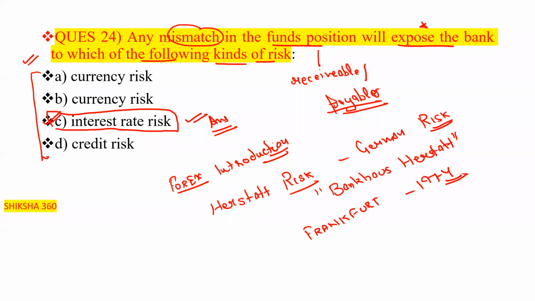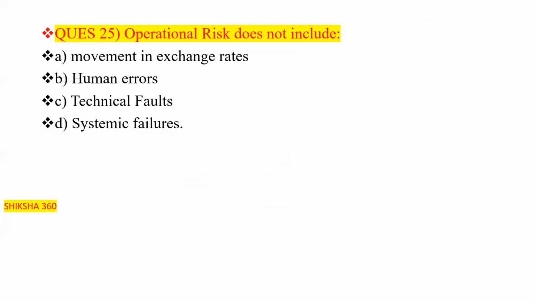Now move to the next question, question number 25. Operational risk does not include: movement in exchange rates, human error, technical faults, systematic failures.